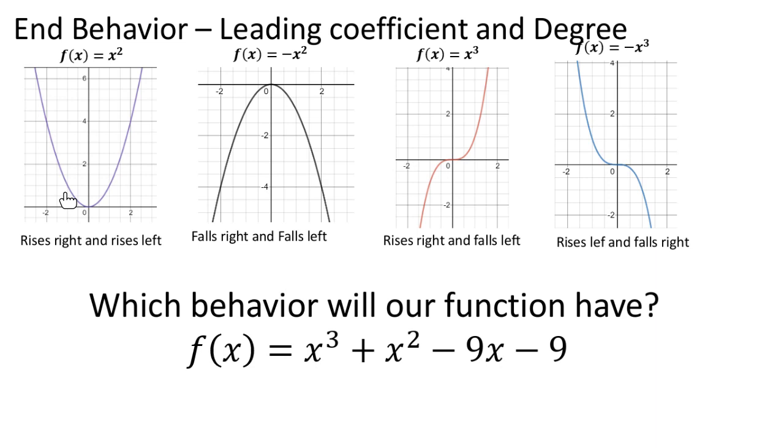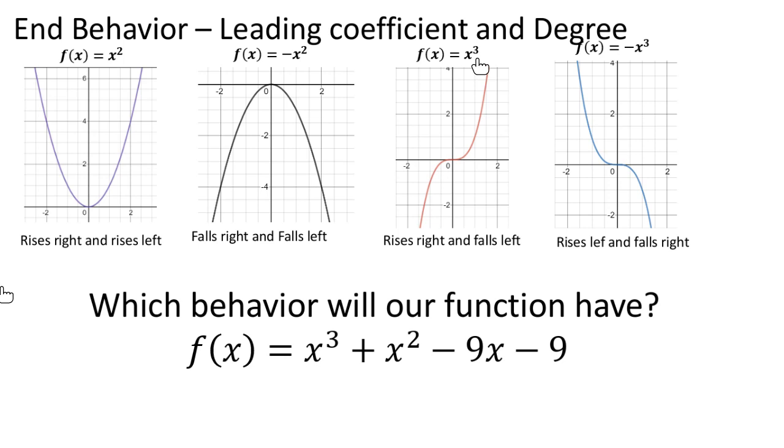If our function is even and our leading coefficient is a negative number, our graph is going to be pointing down, or it falls to the right and falls to the left.